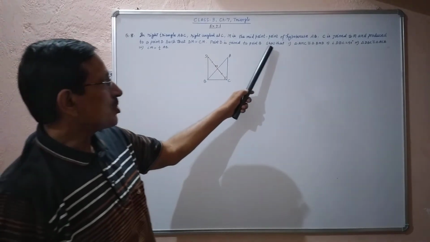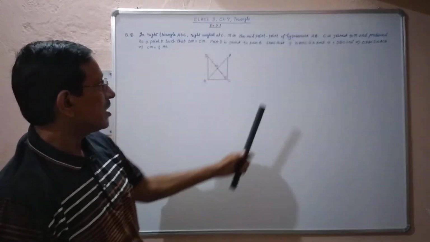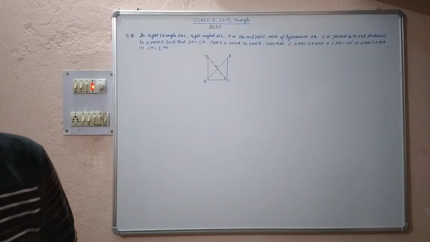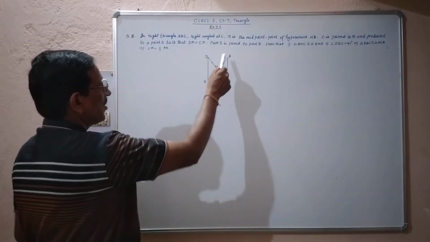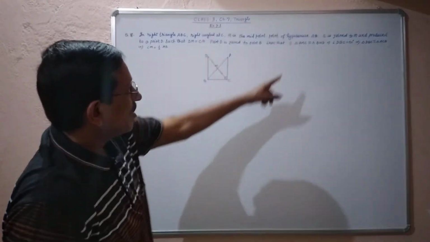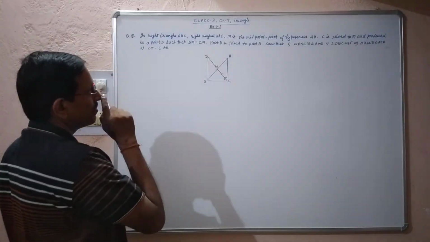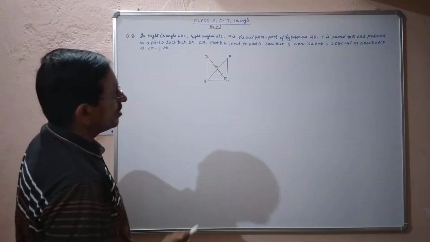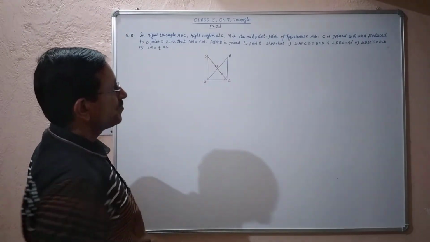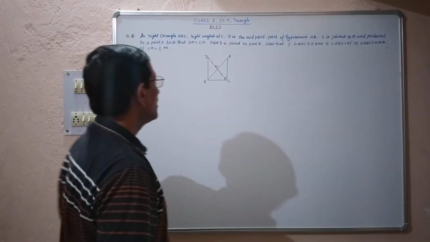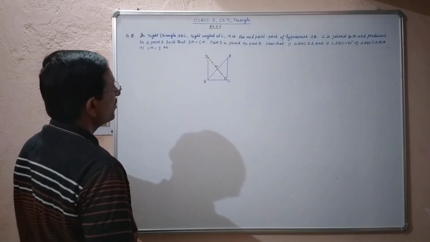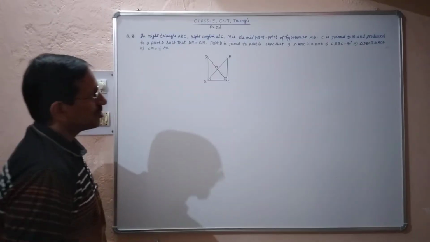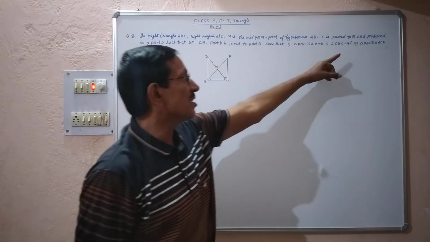Now the question says we have to prove that triangle AMC is congruent to triangle BMD. Then angle DBC, that means this angle, we have to prove is 90 degrees.